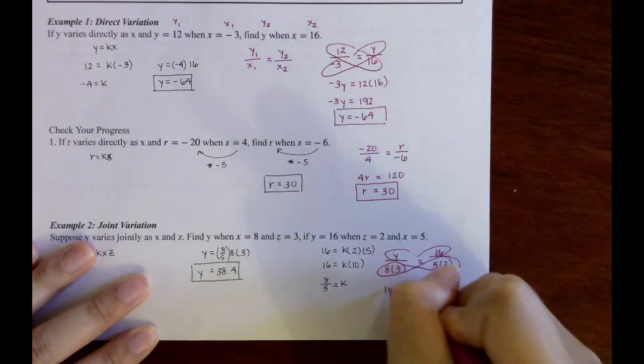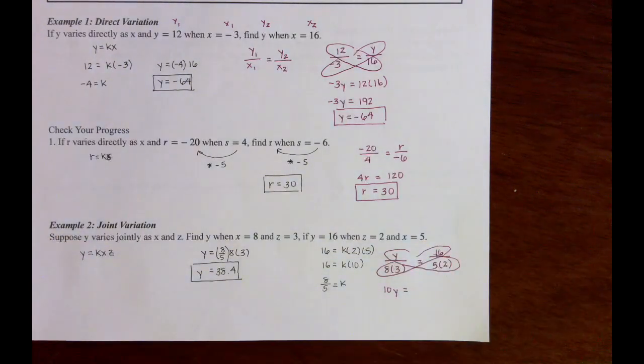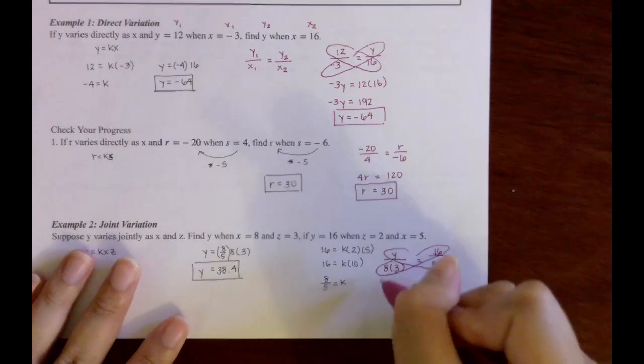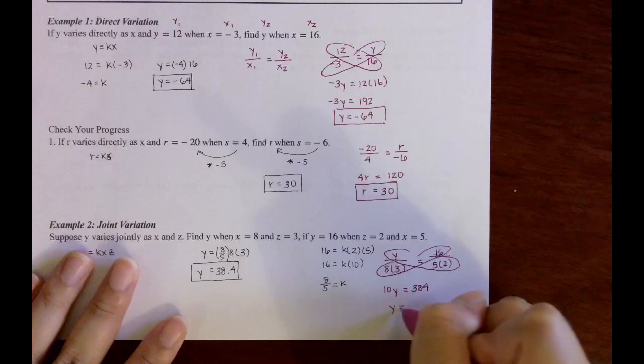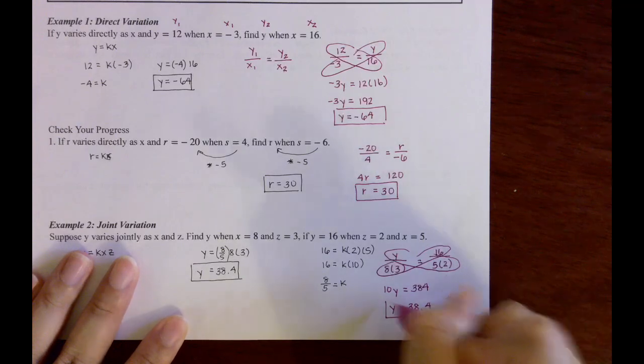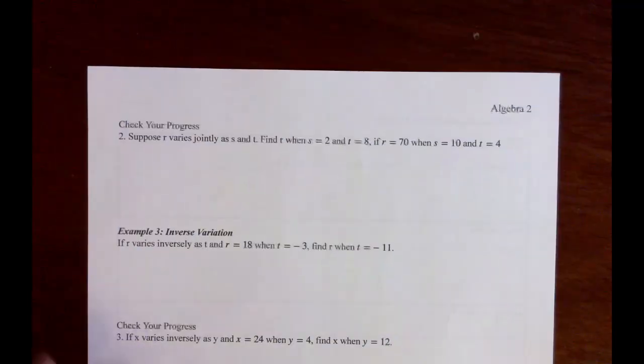So this is 10y equals 16 times 8 times 3, which is 384. Divide by 10 on both sides, y equals 38.4. And you see we get the same thing.